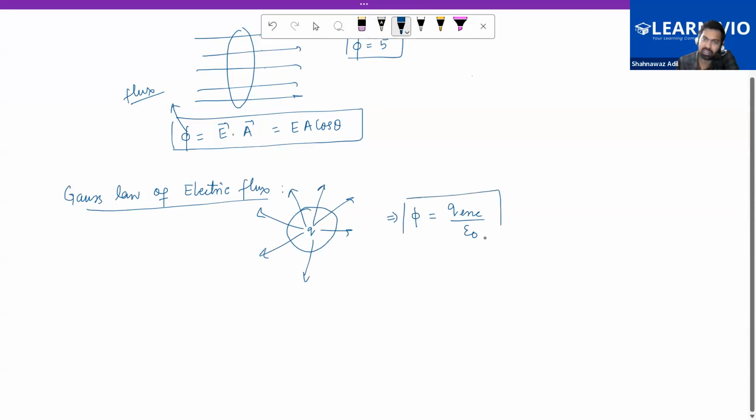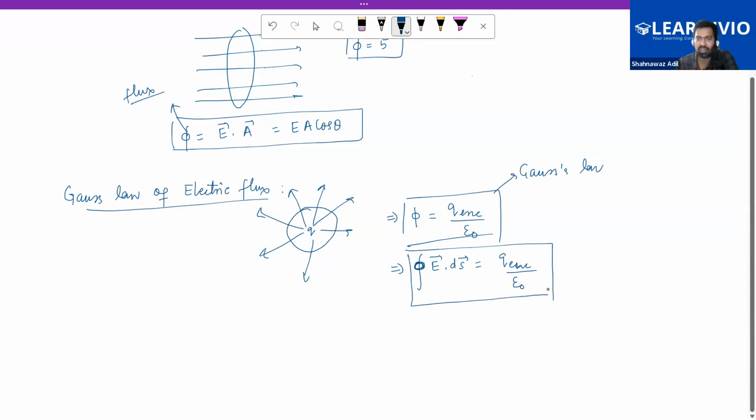That is the Gauss law, right? And this flux in the closed loop is defined as E dot ds, and this loop has to be closed.